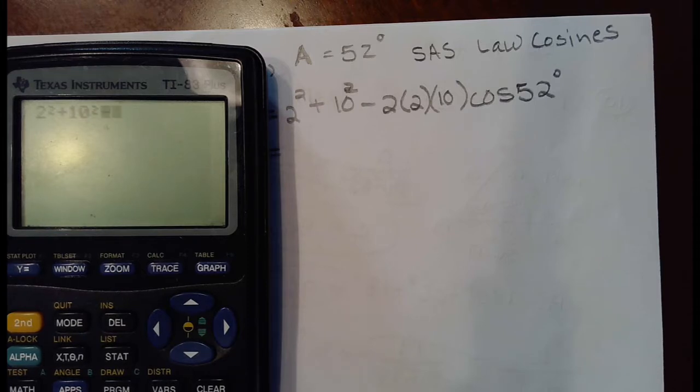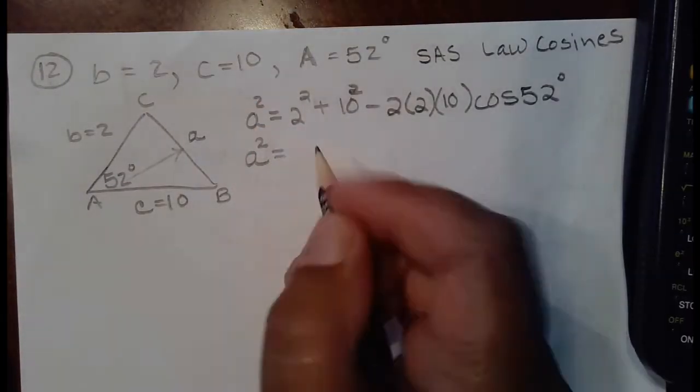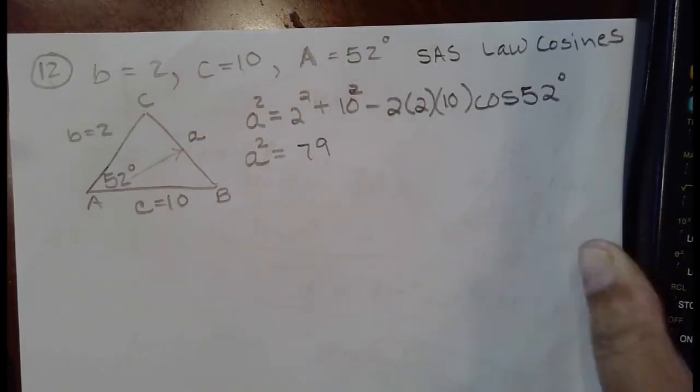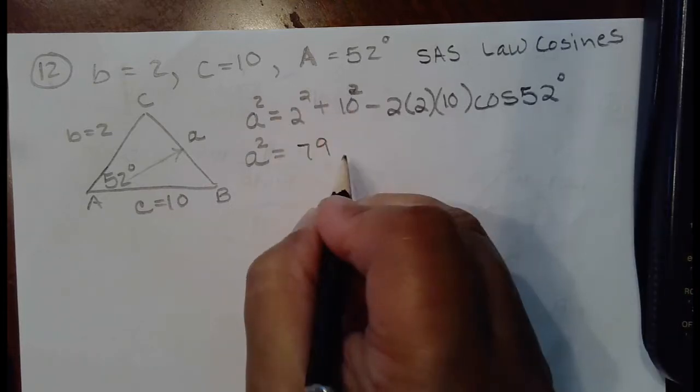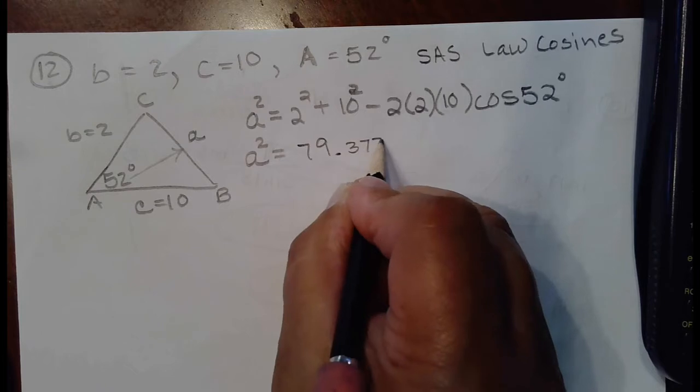We haven't gotten A yet. I'll just write 0.3735. It's kind of an approximation, and then to actually get A, we have to take the square root of this. Take the square root of both sides in order to get A. Okay, so second square root, second answer, close that up, and it is 8.9.